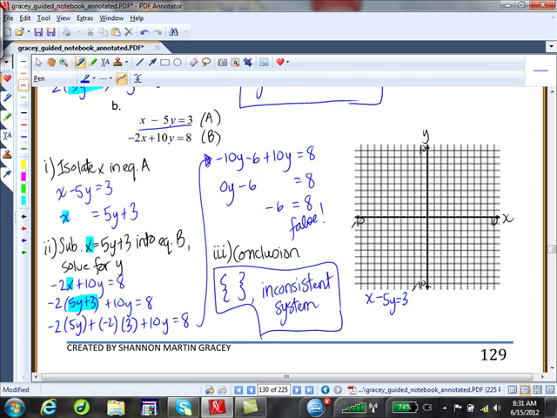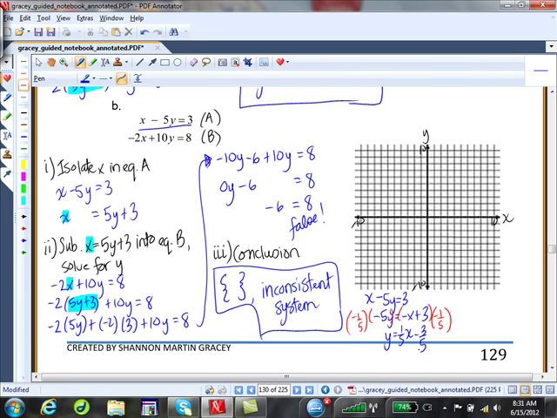That will give us a result of negative 5y equals negative x plus 3. And then multiplying both sides by negative 1/5, we'll get y is equal to 1/5 times x minus 3/5.